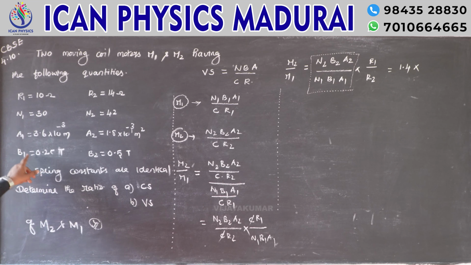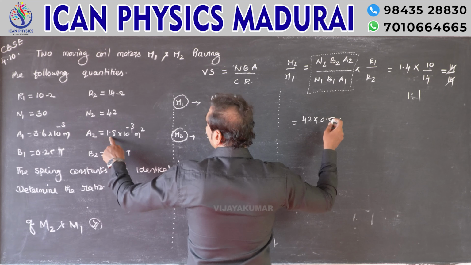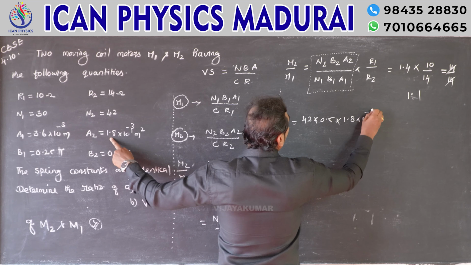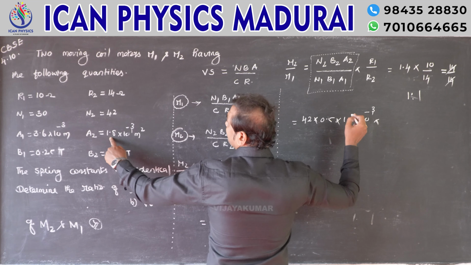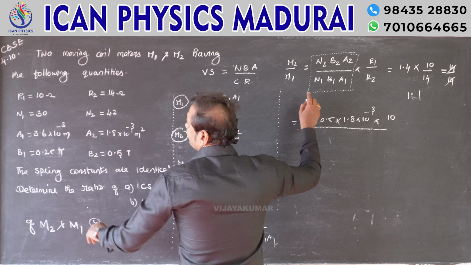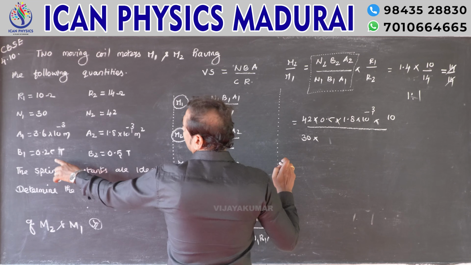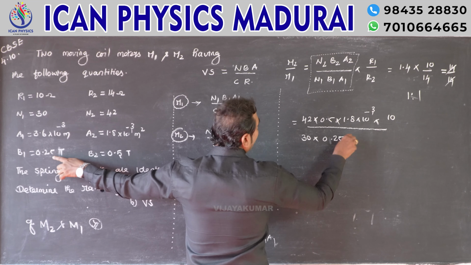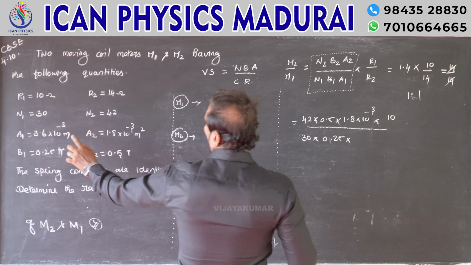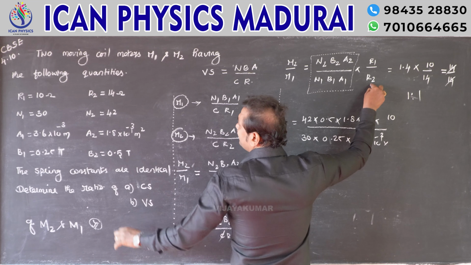How can we solve? N2 is 42, into B2 is 0.5, into A2 is 1.8 into 10 to the power minus 3, into R1, whose value is 10, divided by N1, which is 30, into B1 is 0.25, into A1 is 3.6 into 10 to the power minus 3, into R2.